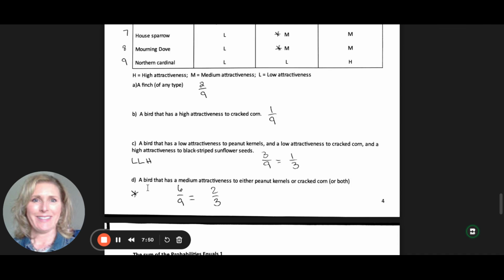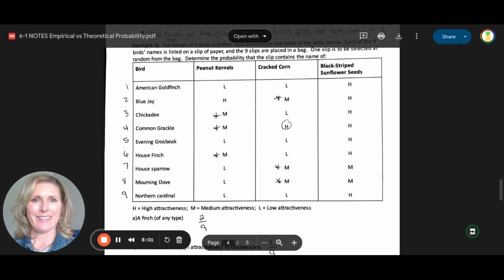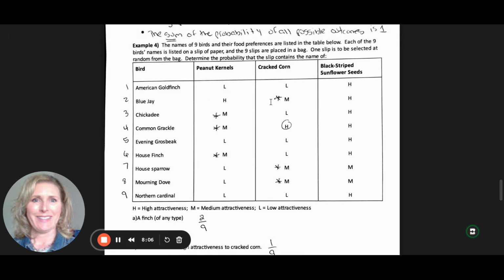What's the probability a bird has a medium attractiveness to either peanut kernels or cracked corn or both? Okay. Peanut kernels, cracked corn. So we're looking for a medium. There's one on the blue jay. There's a chickadee.